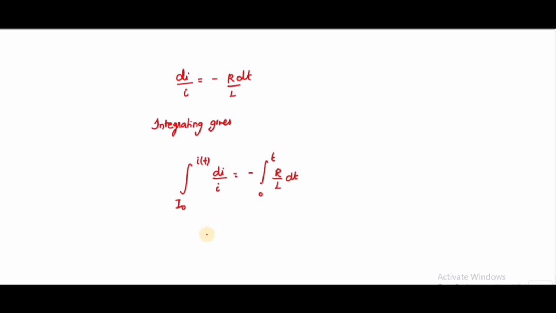If I integrate, I will get ln of I from I naught to I of t, that is equal to minus R by L of t, from 0 to t.